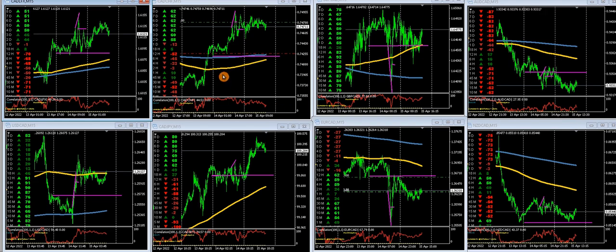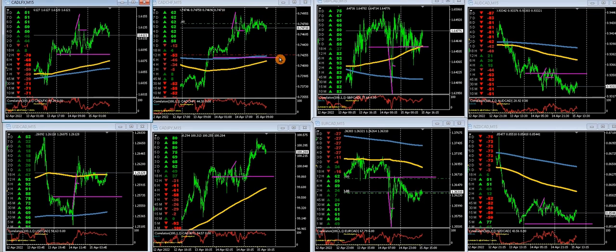All right. So we got a sell, a short on CAD Swiss because we're targeting the level. We'll come and take a look at Swiss to confirm all of this after.